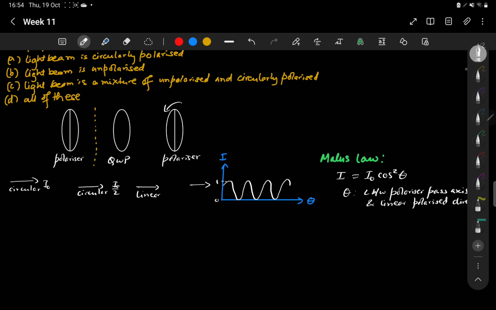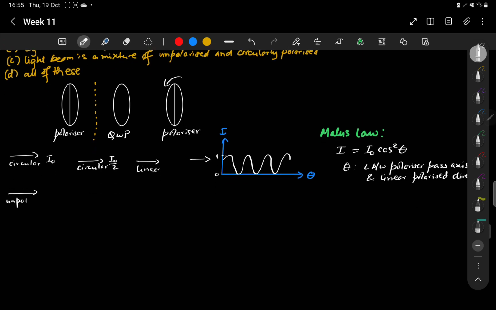Okay, now what happens if I send in unpolarized light? Sorry, this is I, this is I naught, and I naught by 2. And after this, whatever is the final intensity, we will normalize it to that.